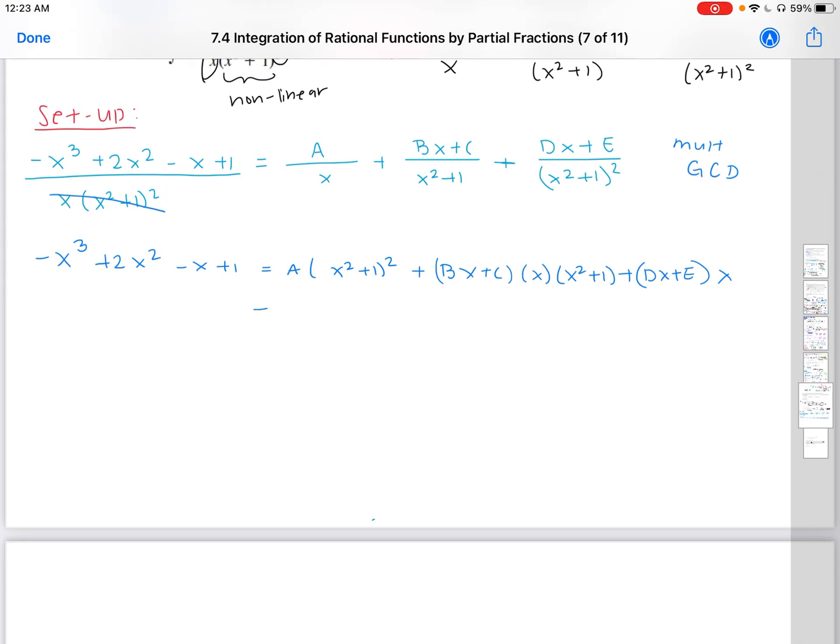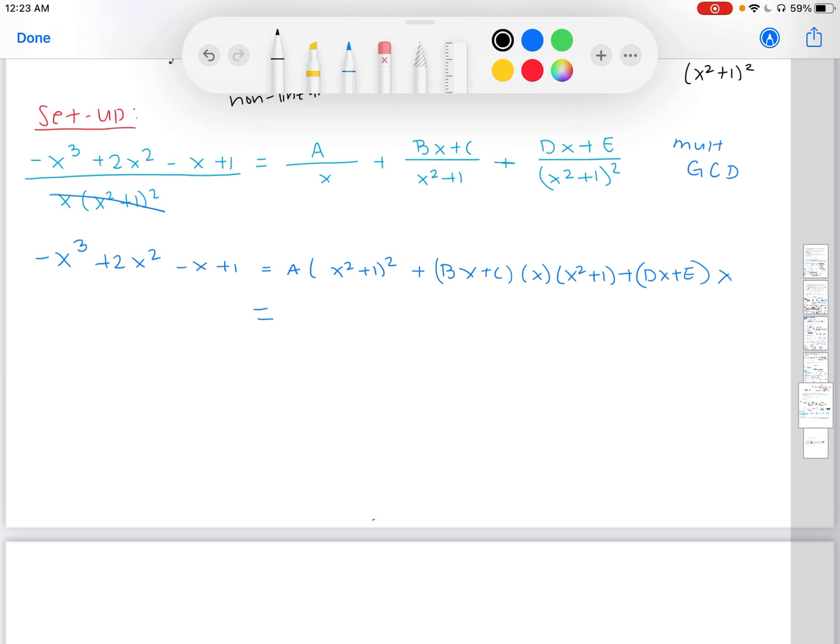All right, let's go ahead and expand. If we expand, we're left with Ax to the fourth plus 2x squared A plus A plus Bx to the fourth plus Bx squared plus Cx squared plus Cx plus Dx squared plus Ex.